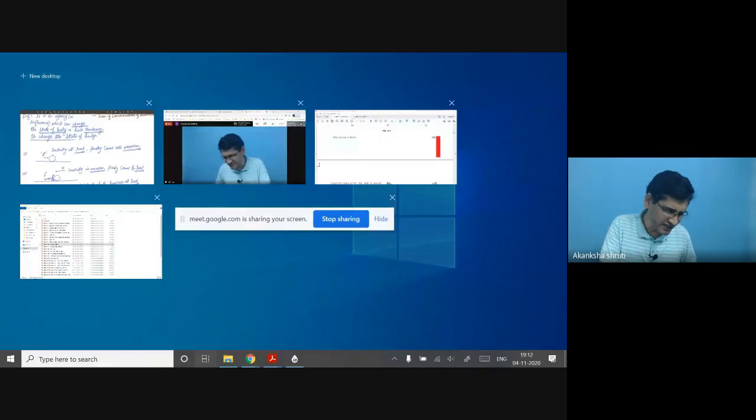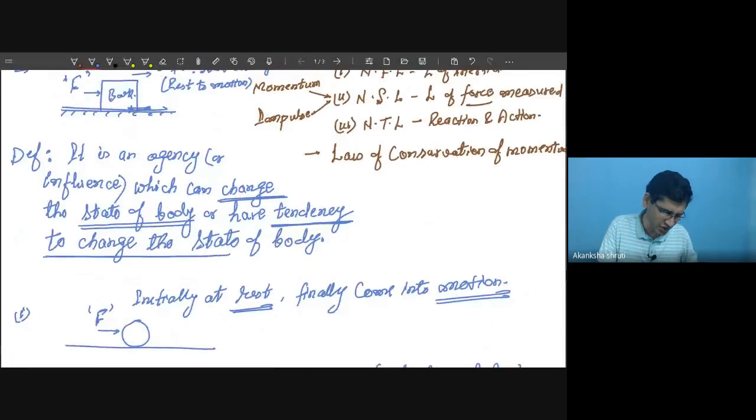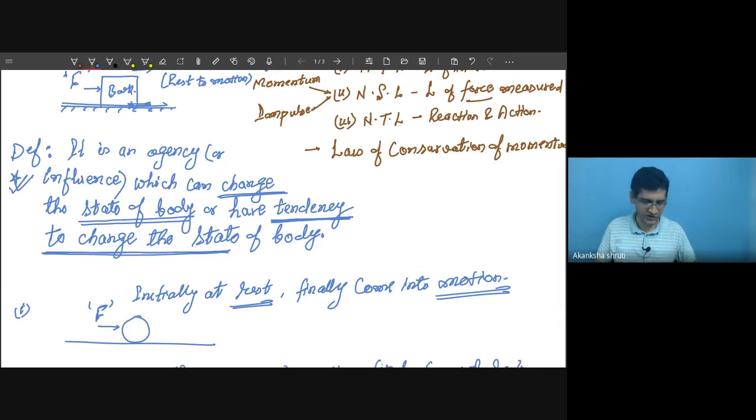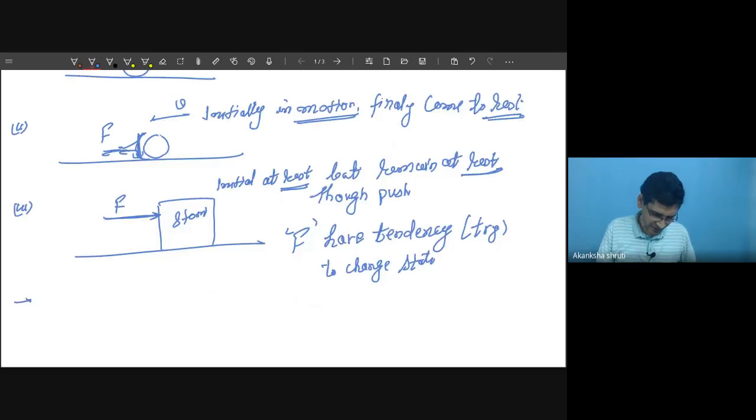So that's why the term tendency is equally important. This is the new definition at your level that you have to learn. Students, please do not forget. Either it is able to change the state or it has the tendency to change the state, force. So what are the different states and the tendency? Keep in mind: rest to motion, or motion to rest.